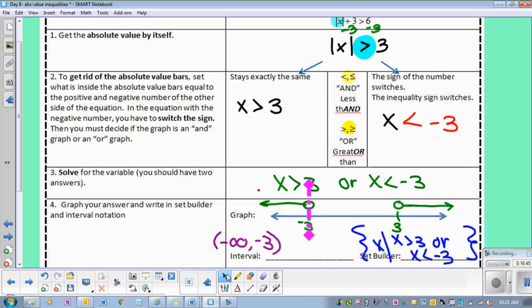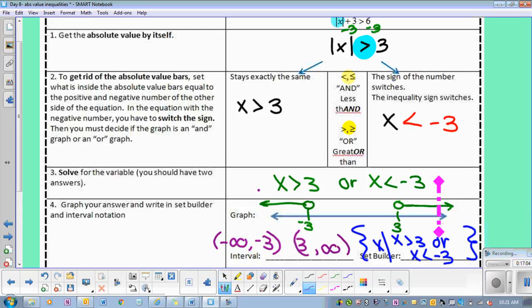All right. But then look, it jumps over here to what number? 3. Parentheses 3 because it's an open circle, and then it goes all the way to what? Infinity because there's an arrow going to the right. Good.